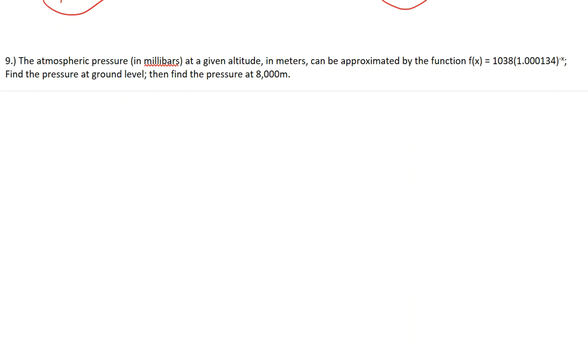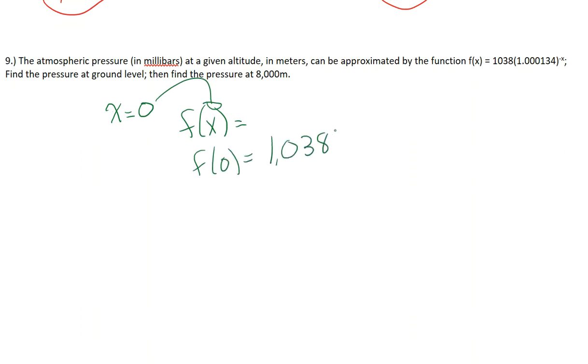So at ground level, that would mean that it would be 0 because there's no height to it. So x would equal 0 at ground level. And all we're going to do then is just plug that in. When x equals 0, it will be 1038 times 1.000134 raised to the 0 power.